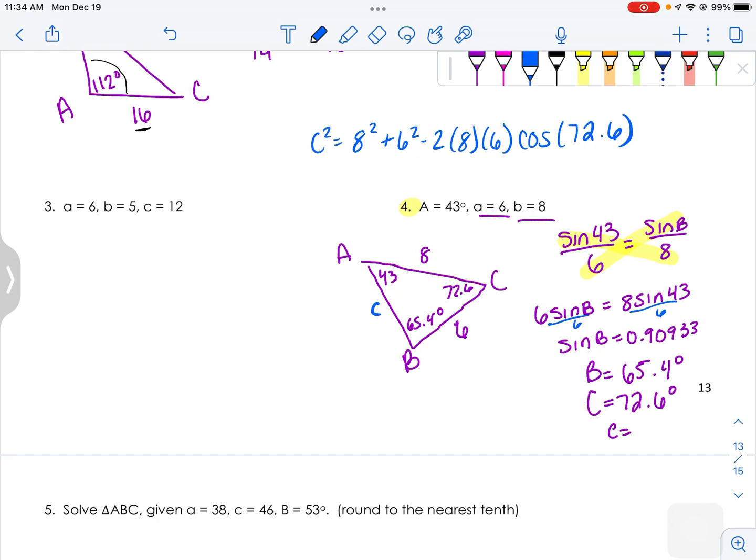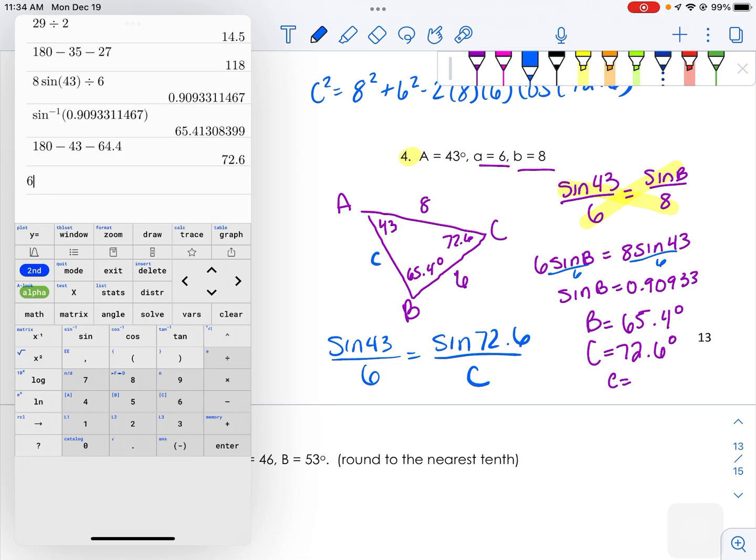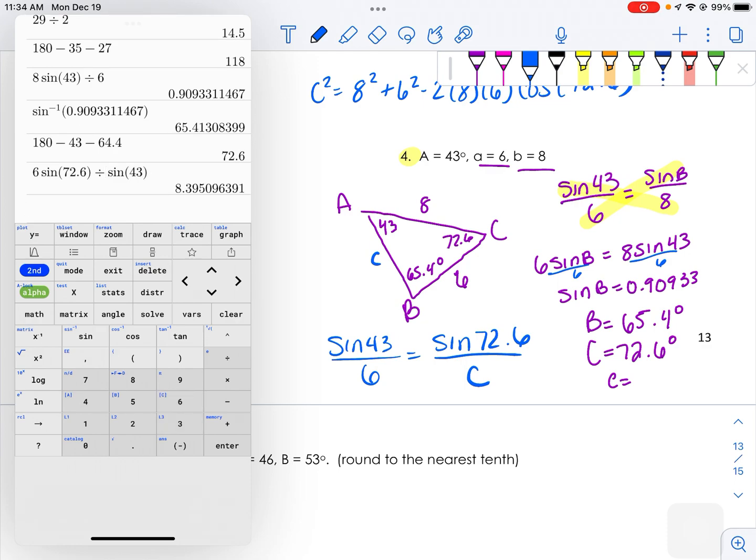So you would say the sine of 43 over 6 is equal to the sine of 72.6 over C. I think law of sines would be easier in this case. So you would take 6 times the sine of 72.6 and then divide it by the sine of 43 after you cross multiply. So you get 8.4. And that's the first triangle.